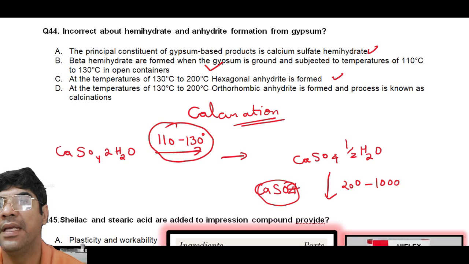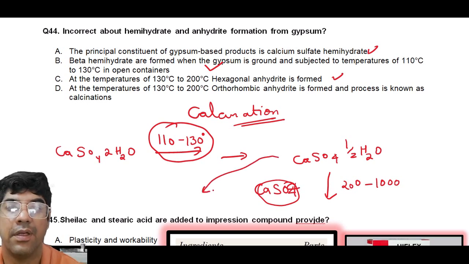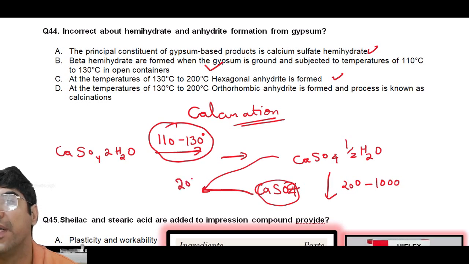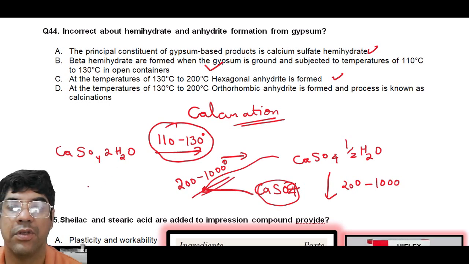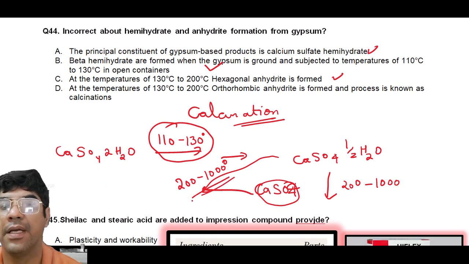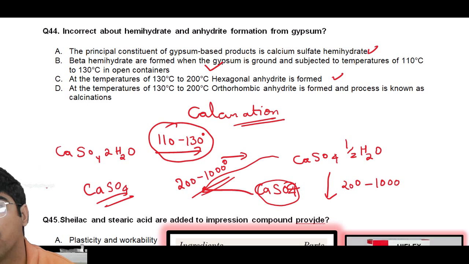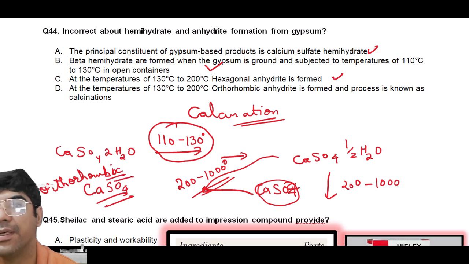On further heating from 200 to 1000 degrees, the hexagonal anhydrate gets converted into orthorhombic anhydrate.